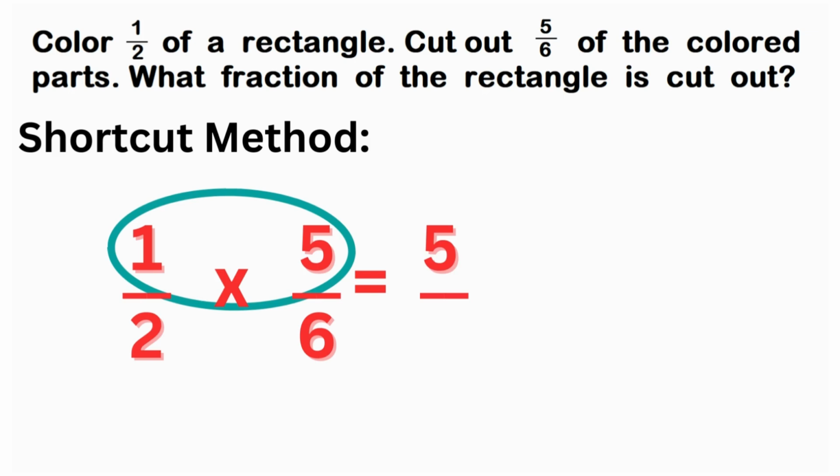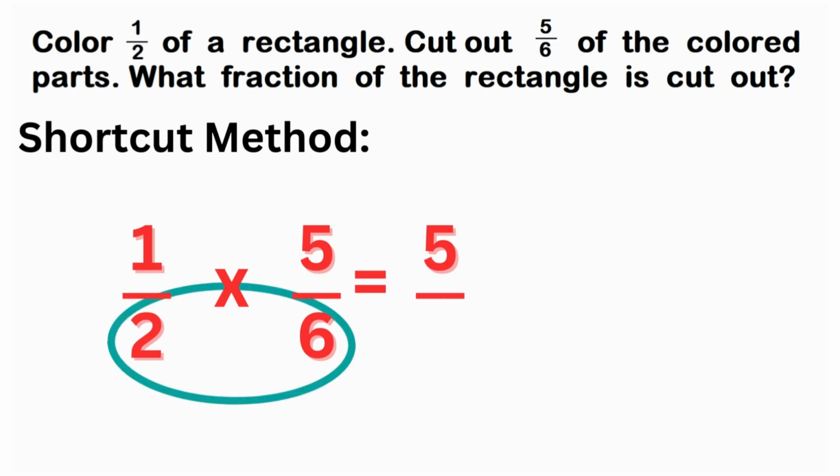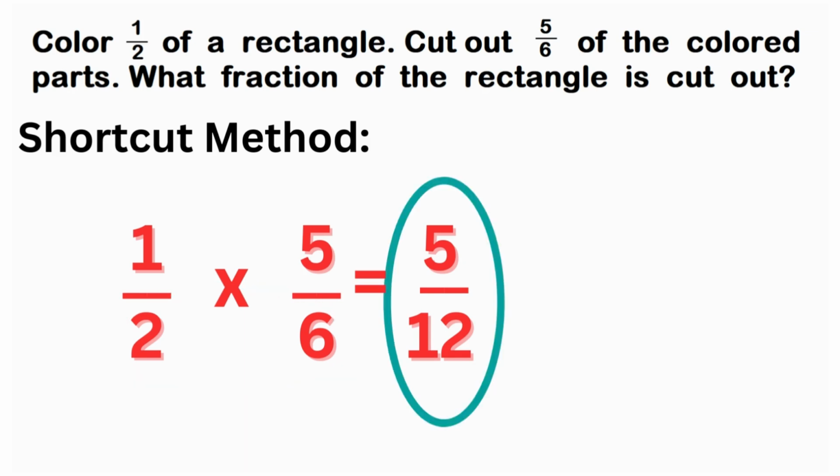Then multiply the denominator by the other denominator, which is 2 and 6. 2 times 6 equals 12. So we have 5 twelves, or 5 over 12.